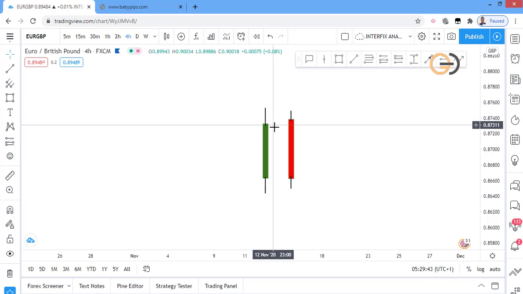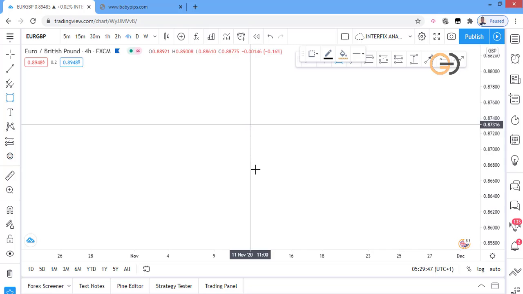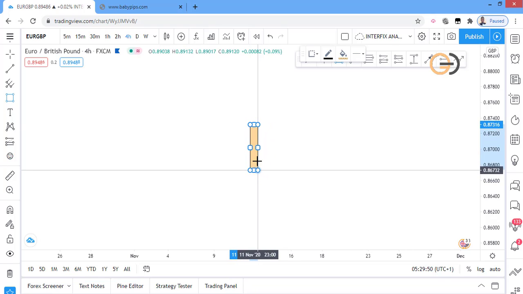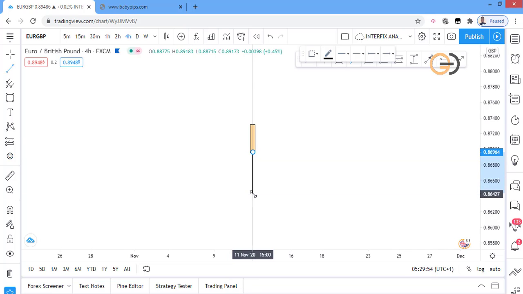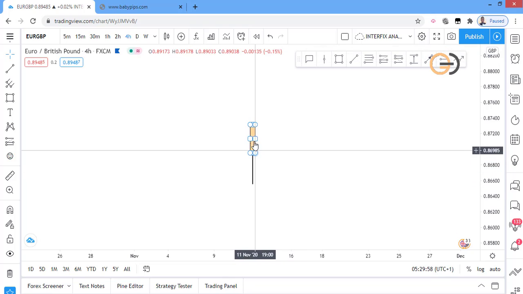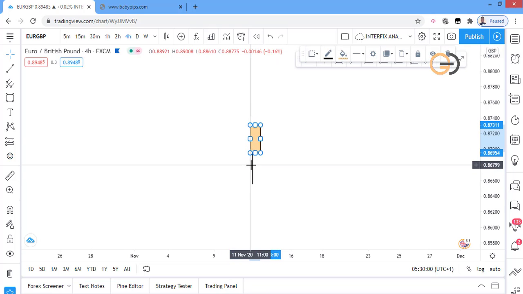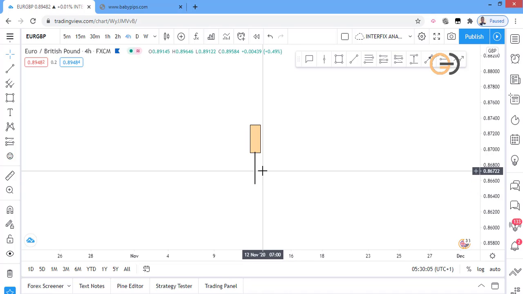All right. So another example, we can have a candlestick like this, and then the wick is longer. The wick is longer than the body. This is a sign of rejection.